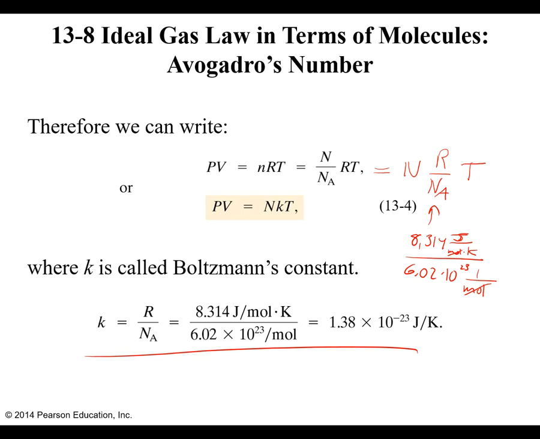And that is another very common constant that's used in the ideal gas law in this form, where instead of using the number of moles, we use the number of molecules. And k, which is this value of 1.38 times 10 to the minus 23rd joules per Kelvin, is known as the Boltzmann constant.